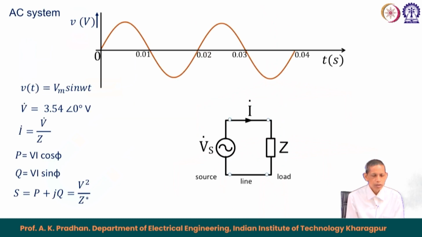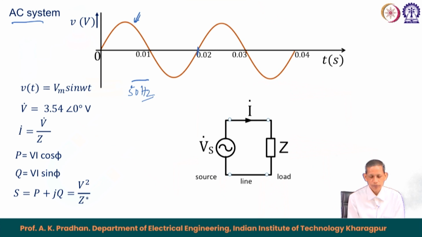Now, let us recall our second module on AC systems, where we were exposed to voltage and current, sinusoidal in nature as shown here. This is a voltage signal for a 50 hertz system. So, 1 by 50 gives you 0.02 second.